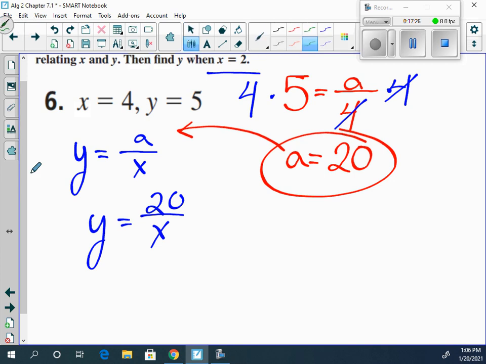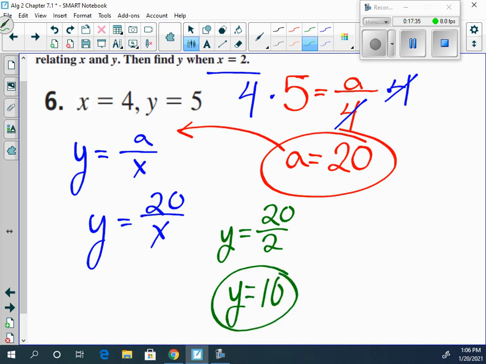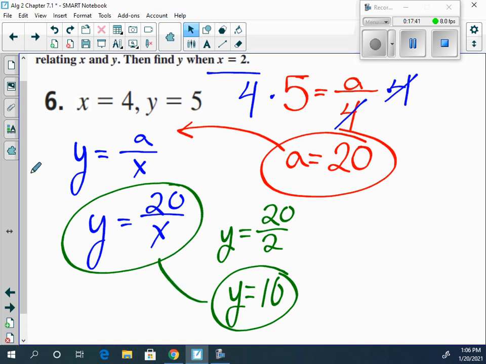Now the value of x they want us to plug in is 2. So we'd have 20 divided by 2, which would tell us y is equal to 10. And that's it. And that's all we're doing.